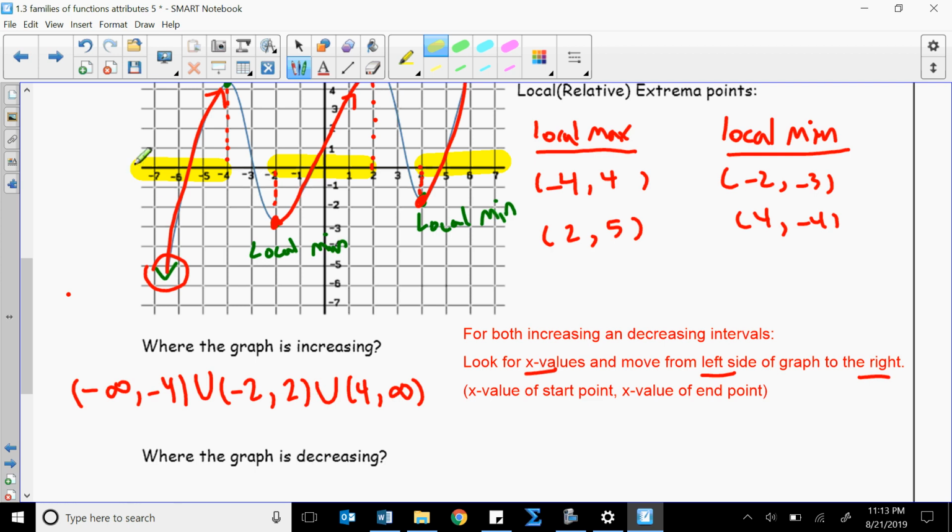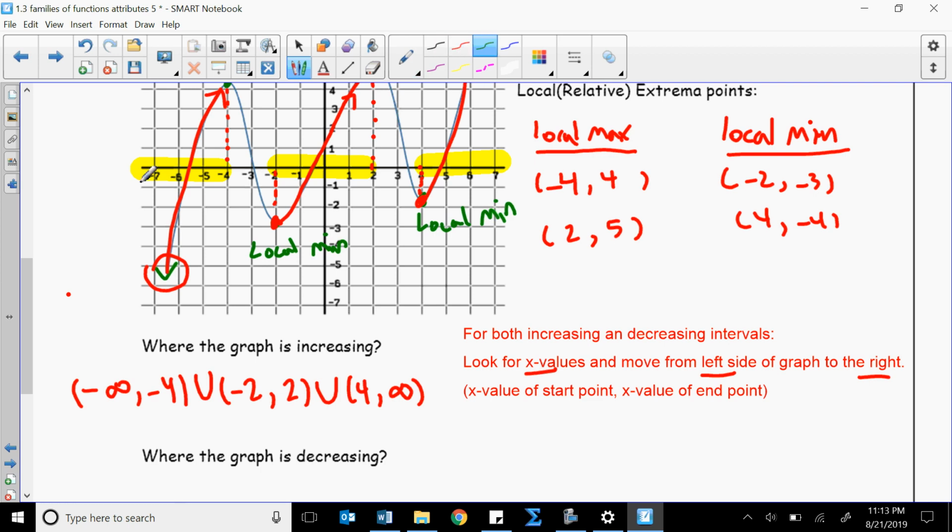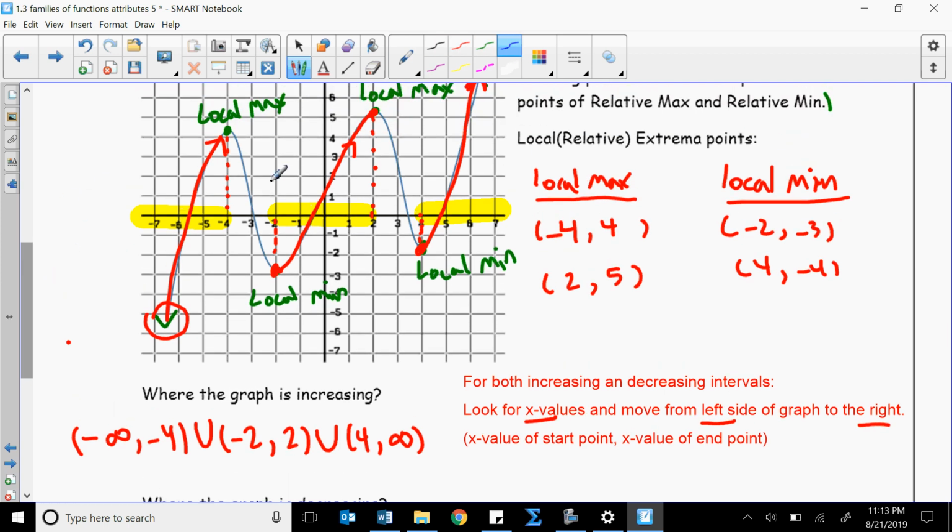Notice again, I'm only writing the x values of these increasing intervals. Now let's find the decreasing parts of our function. So where's my function decreasing? As I move from left to right, I notice that from here to this point, my function is decreasing. It's going down.